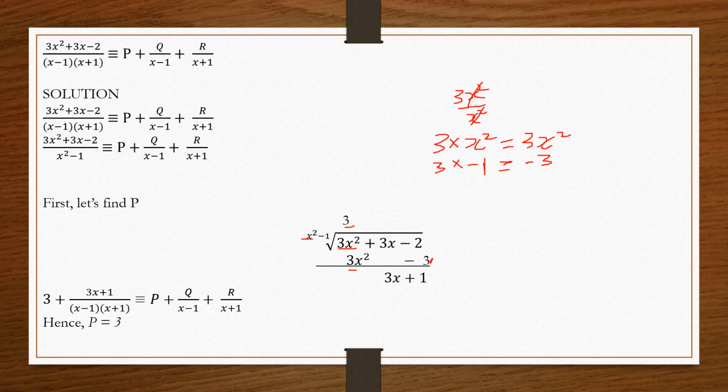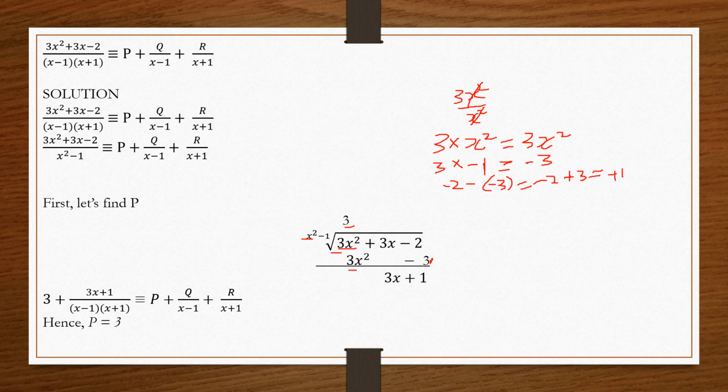Okay, so I'll now subtract. I'll subtract and I'll have this one would be minus 2 minus minus 3. Okay, minus 2 minus minus 3, minus minus will give me plus, and that will be minus 2 plus 3, and that is equal to plus 1.